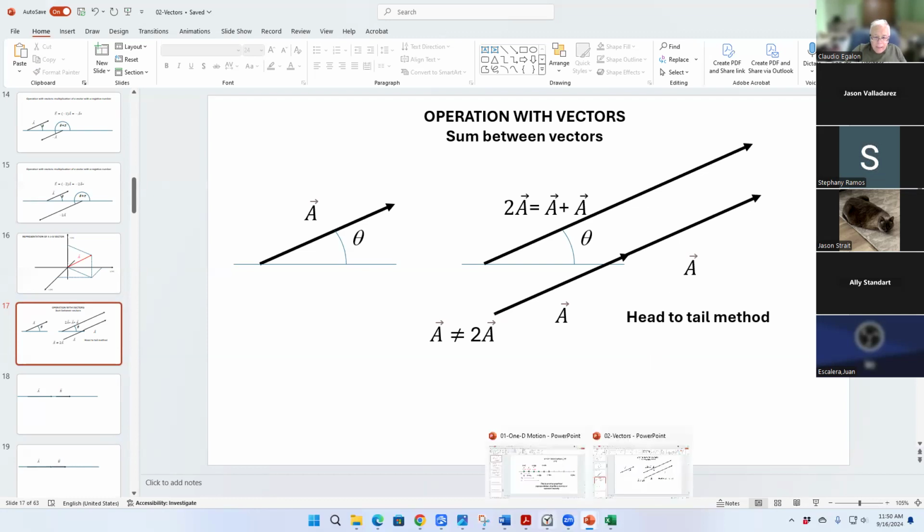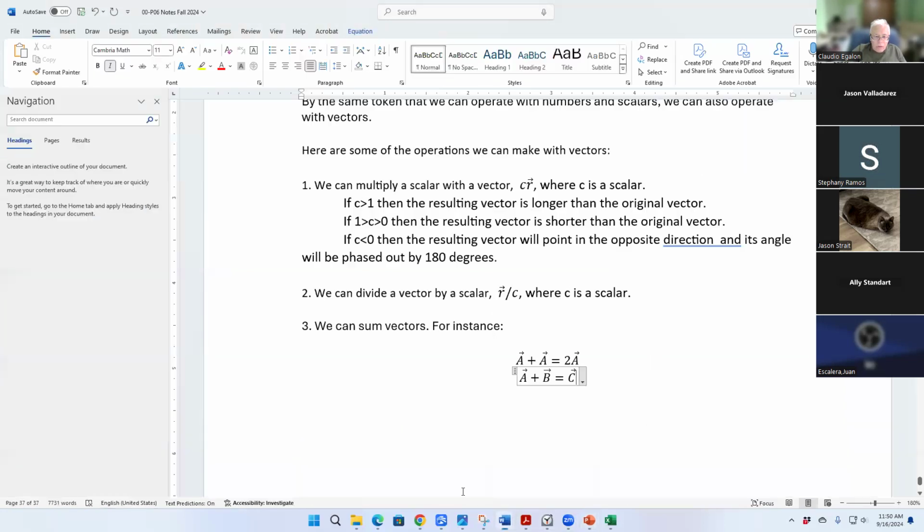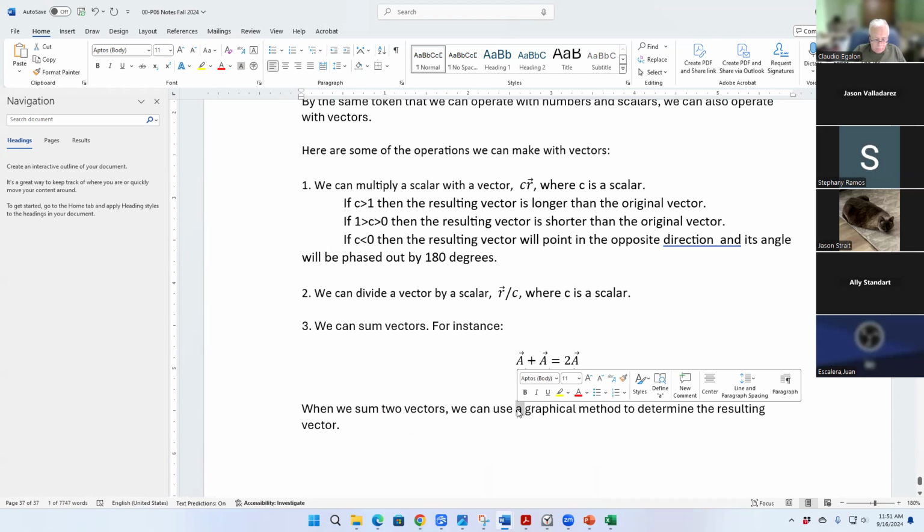Okay, let's write it down here in the notes. When we sum two vectors, we can use a graphical method to determine the resulting vector. We can use two graphical methods.